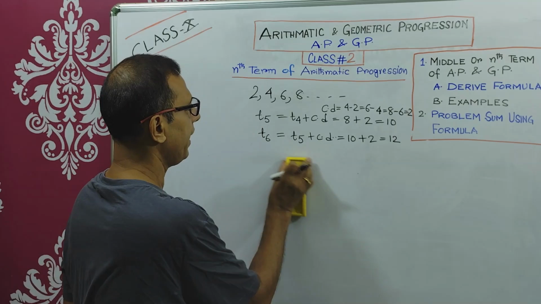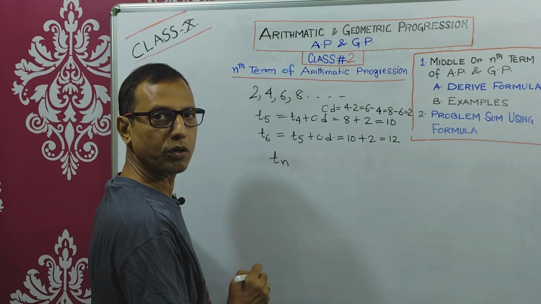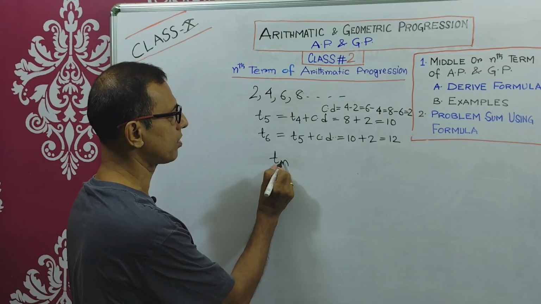The formula for the nth term of any arithmetic progression, T suffix n. It is called suffix.